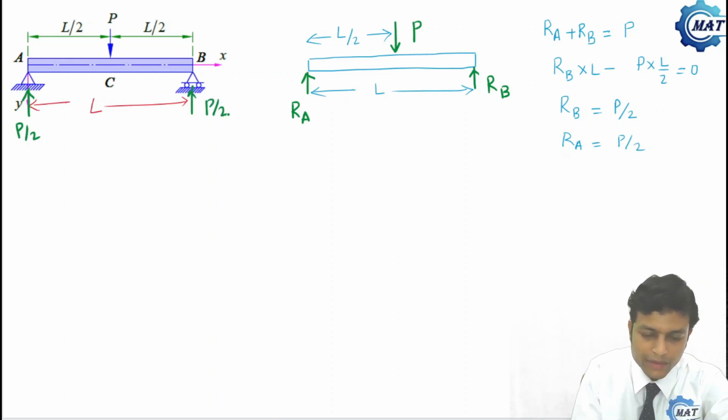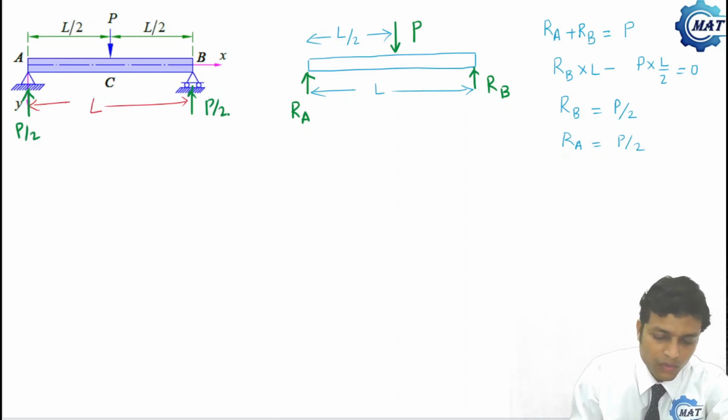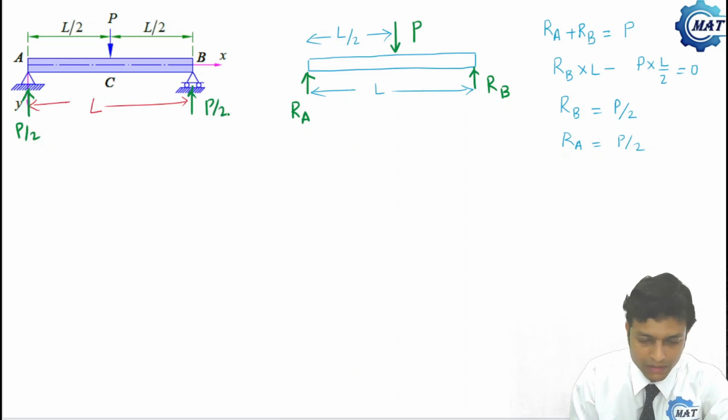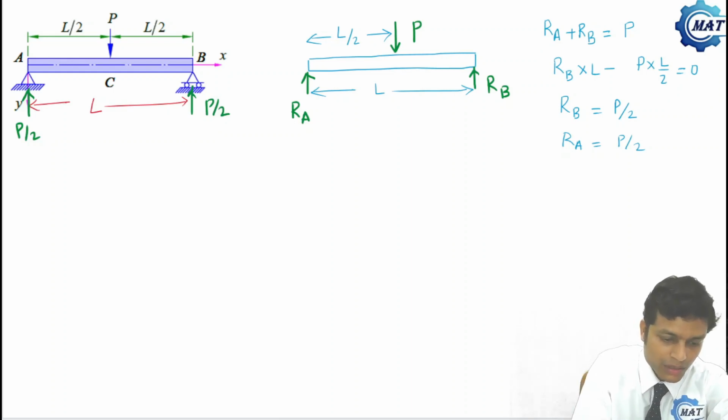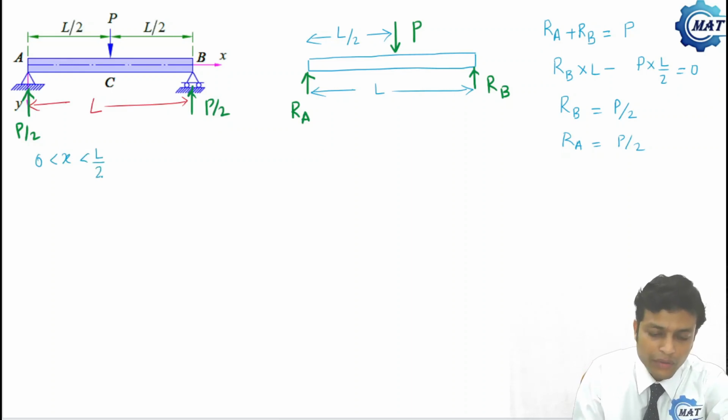Now how to get the bending moment and shear force diagram? Here we have to take two sections. Why? Because from A to C, within the range x greater than 0 and less than L by 2, there is no discontinuity of force.